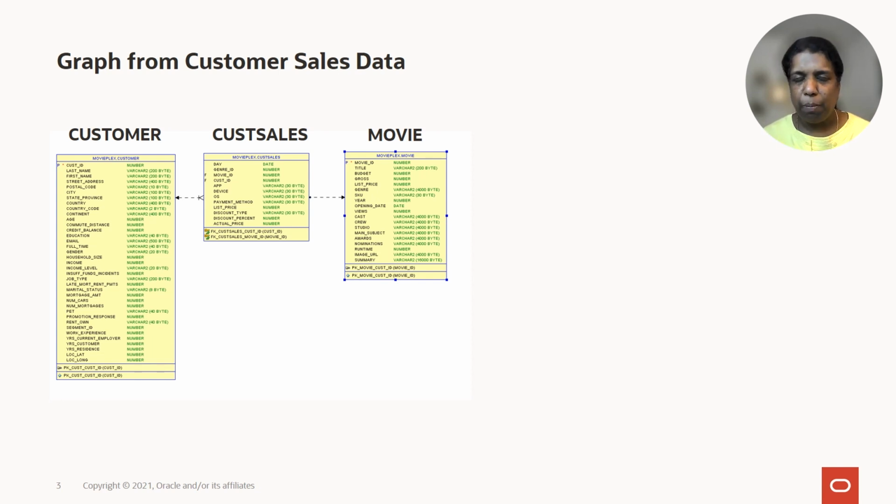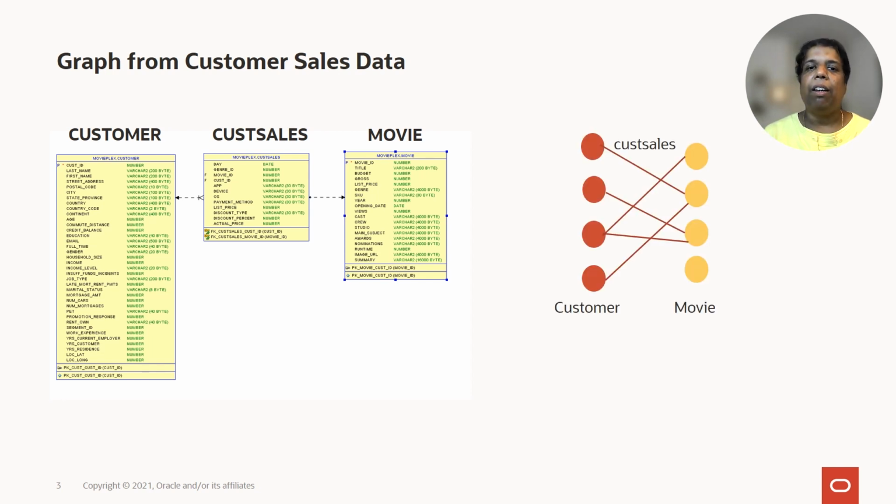Similarly, the movie table gives you a set of vertices, and the cus sales table, which specifies the relationship between the two tables, that this customer rented this particular movie, becomes the relationship between them and can be modeled as an edge in the graph. So in this way, any data set can be modeled as a graph because any data set has relationships built in.